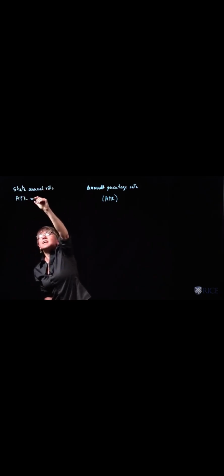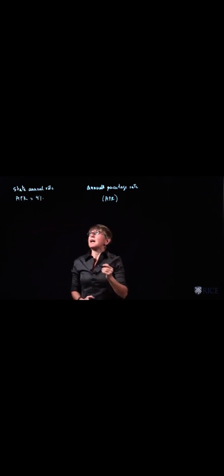Suppose the stated interest rate is 4% per year, compounded monthly. So the stated annual rate, or the APR, the annual percentage rate, let's say, is 4% per year, compounded monthly.